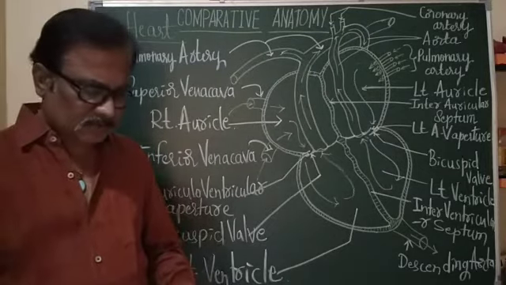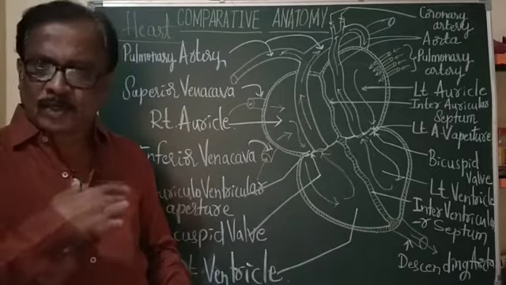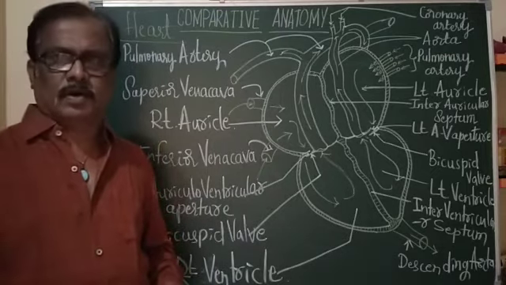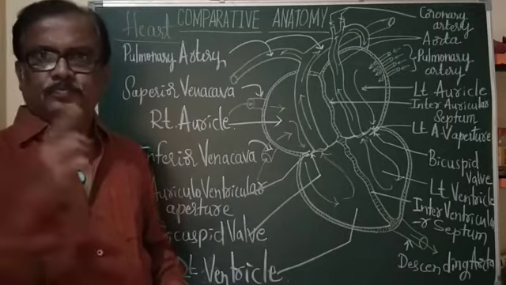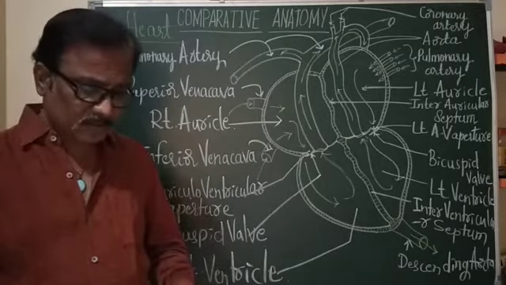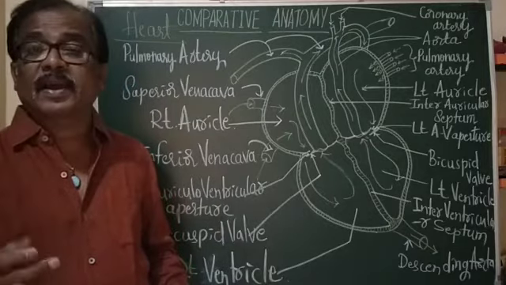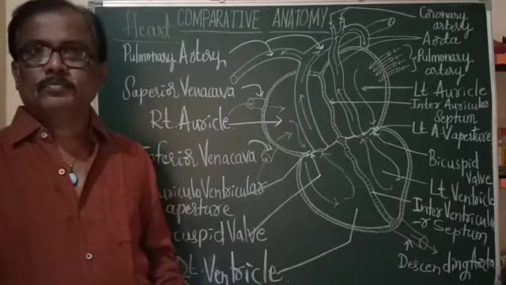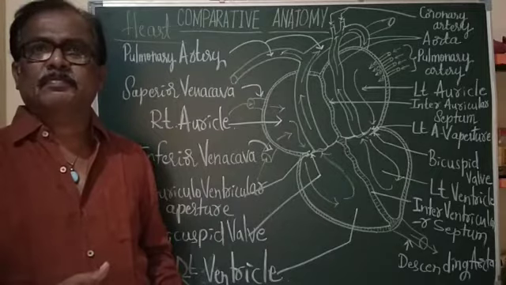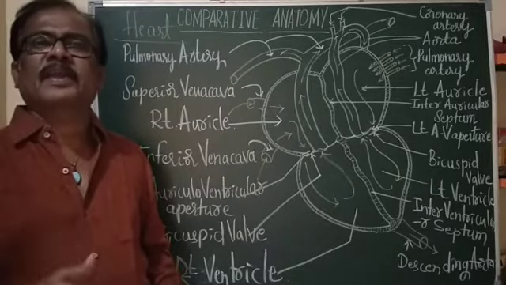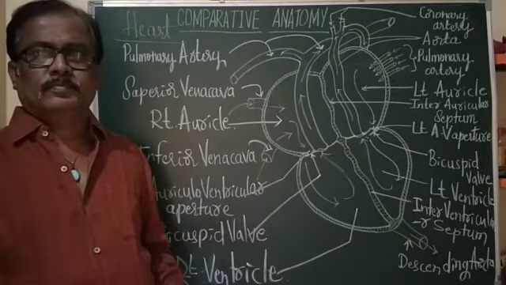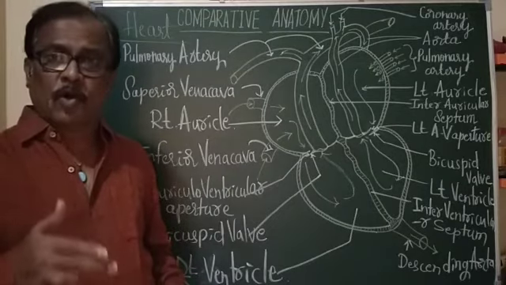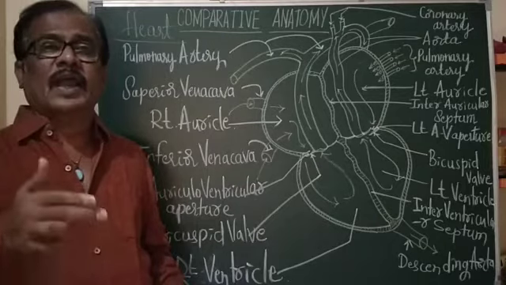The heart is protected or covered by means of a layer. That layer is called pericardium, and this pericardium is filled with pericardial fluid, which protects the heart from shocks and injuries.